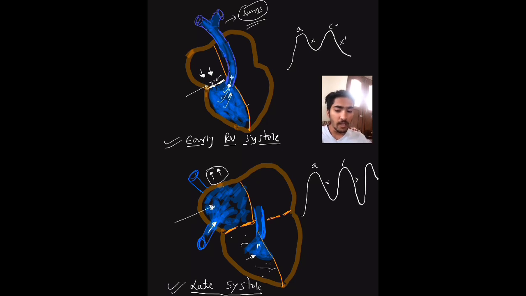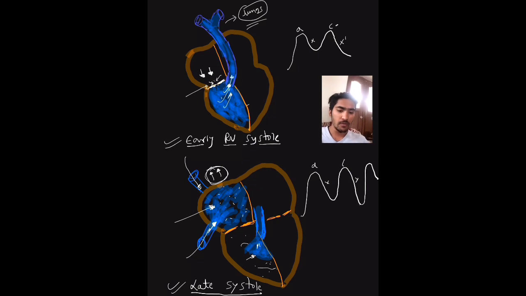During this period, as you can see here, the right atria is getting filled up from the peripheral blood. The blood is coming from the periphery to the right atrium, and that causes an increase in right atrial pressure.